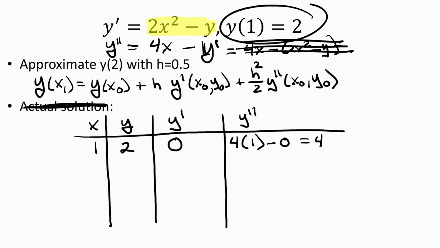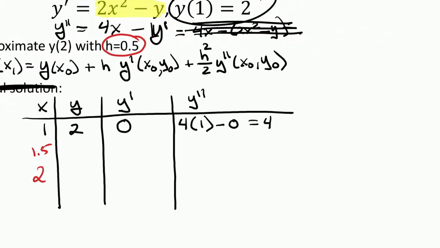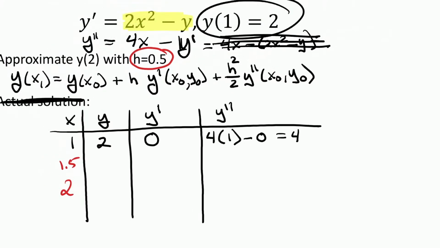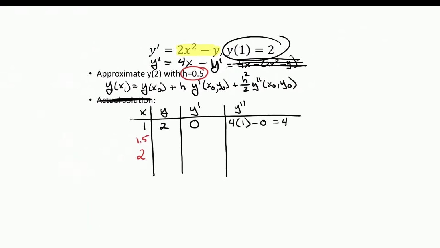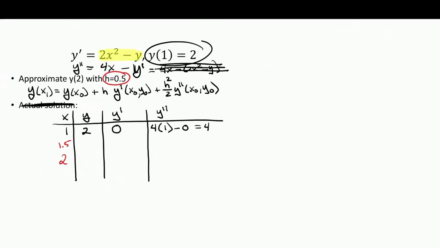Okay, so now that I've got those pieces, my goal is to move myself down to 1.5 because the step size is 1.5. So I'll do this one for you, and then hopefully the next one, when we go to 2, you'll be able to do it. So with 1.5, I'm going to plug all of these things into this expression up here. I may have to zoom in and out as we go along, but here's how this works.